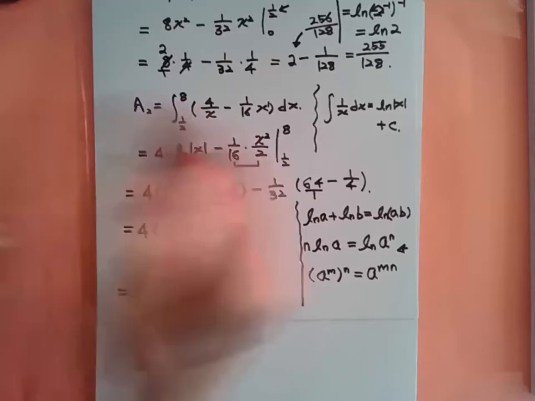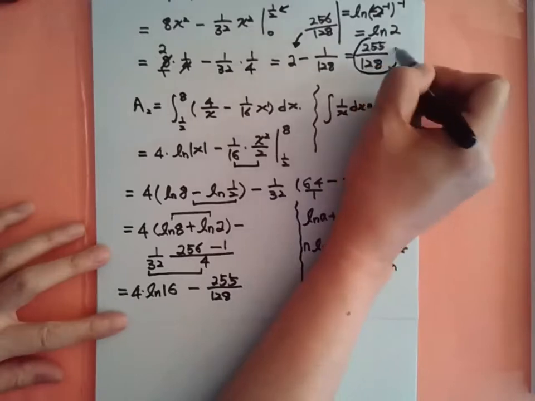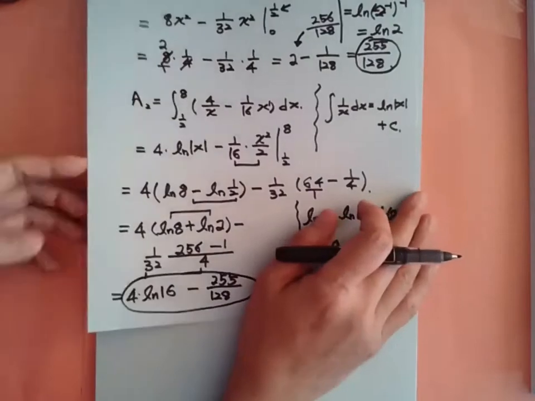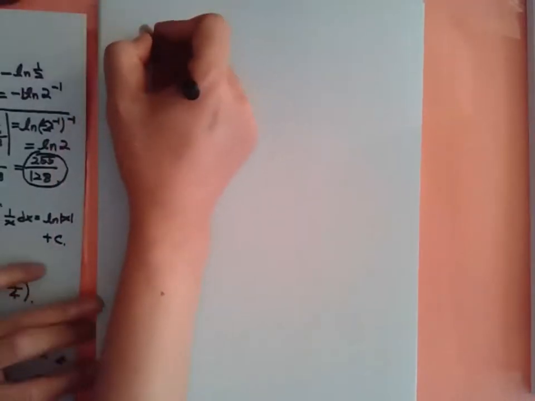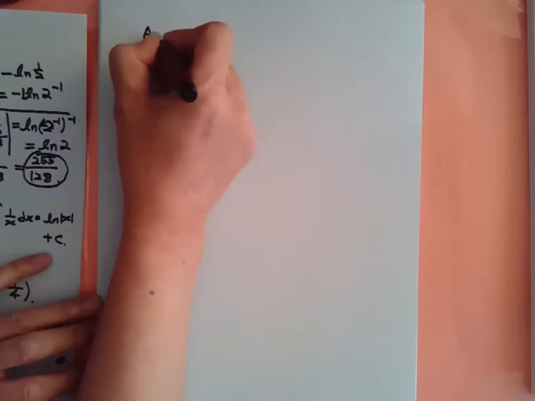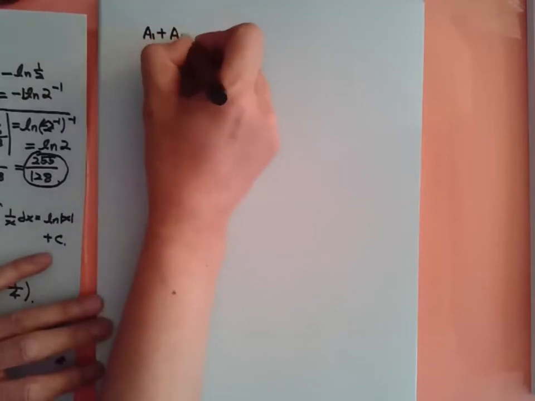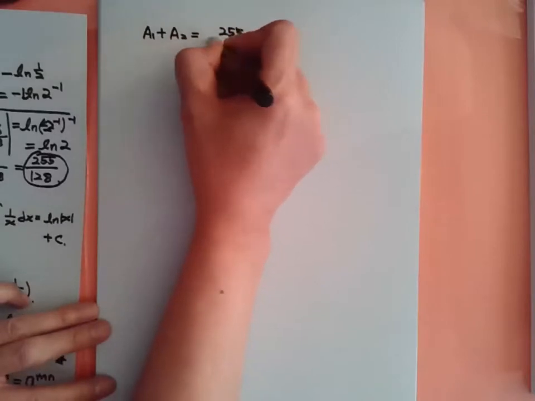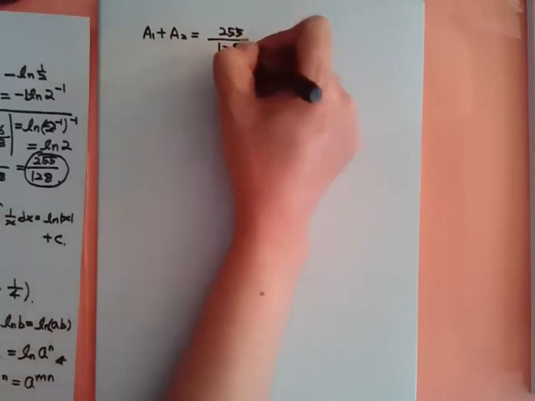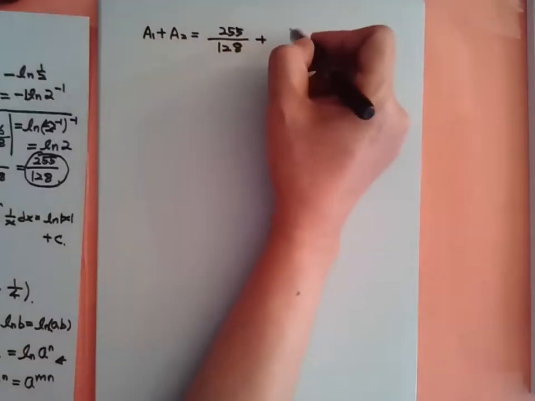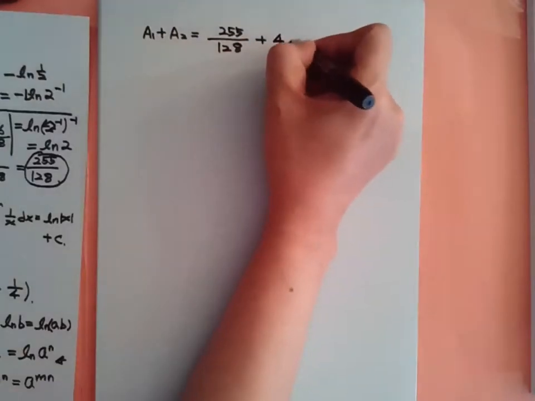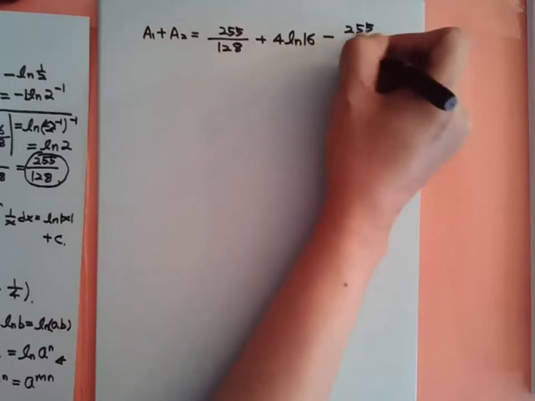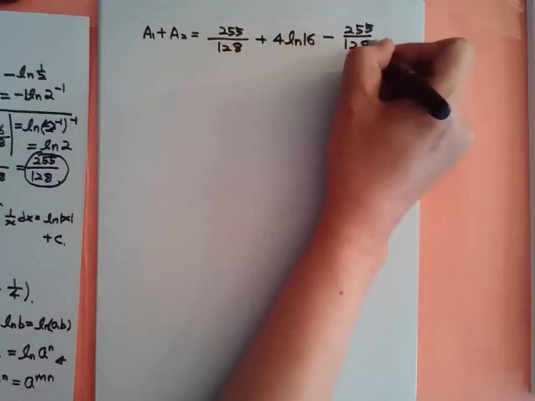Here we calculated the area A1 and area A2. All we have to do is add up A1 plus A2. A1 is 255 over 128 plus A2 is 4 times natural log of 16 minus 255 over 128.